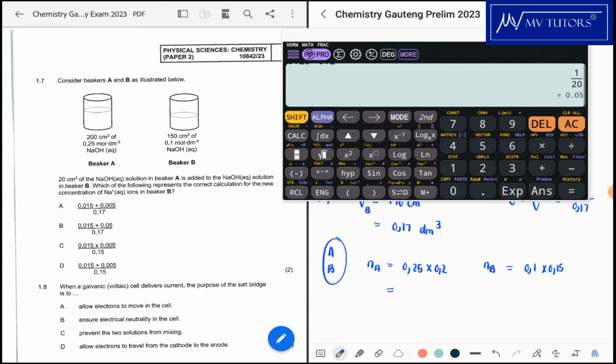Yeah, 0.25 mole per cubic decimeter times 0.2, I get 0.05, and then 0.1 times 0.15, that is 0.015.